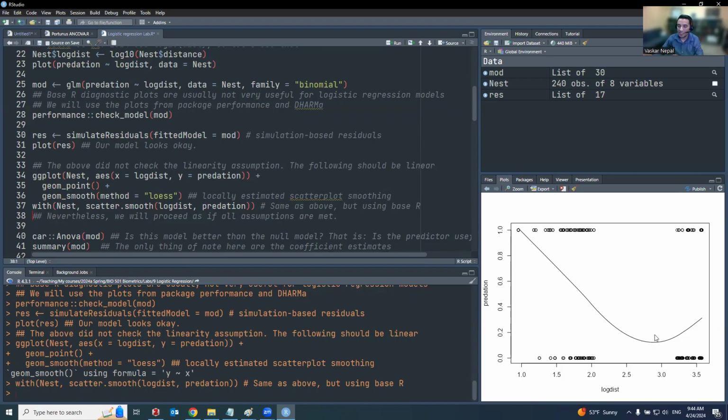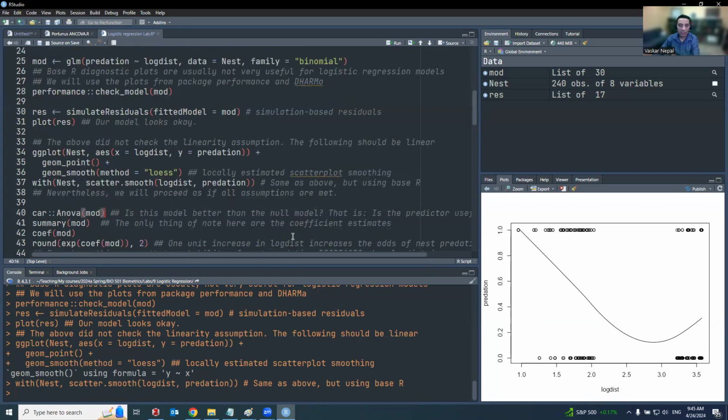We wanted to see a linear pattern, but there is an upward trend at the very right. Okay, so we will proceed as if all assumptions are met. There are some problems we know, but this is what we have right now. And if we wanted to make sure that we capture this difference at the very right also, then we would need to use a more complicated model, including a smooth function essentially.